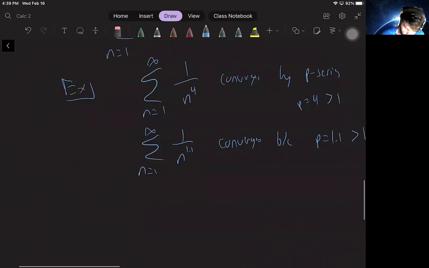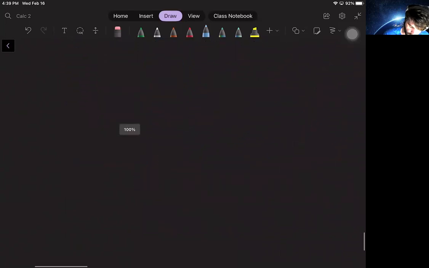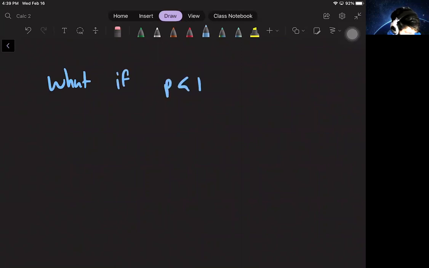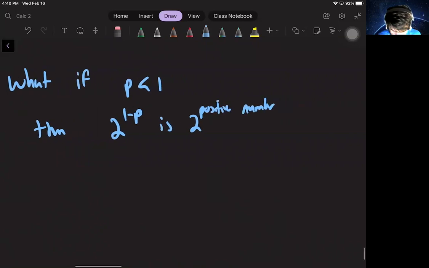So what about if p is less than 1? So we know what happens if p is equal to 1, it diverges. If it's bigger than 1, it converges. So now let's switch to what if p is, sorry, not negative, just less than 1. Well then, 2 to the 1 minus p, we have the opposite situation. This is going to be 2 to a positive number now, because you're subtracting something less than 1.